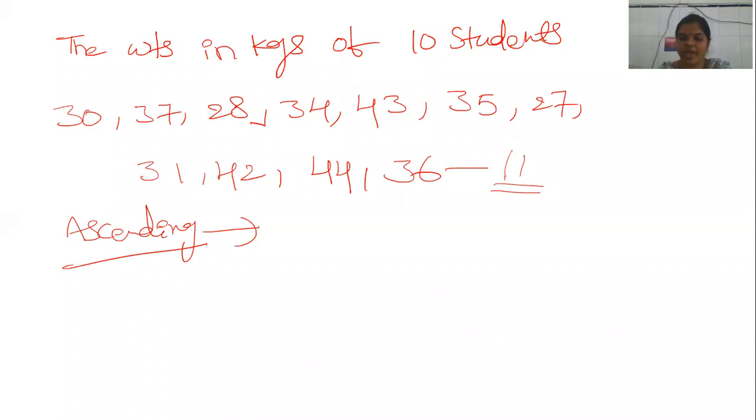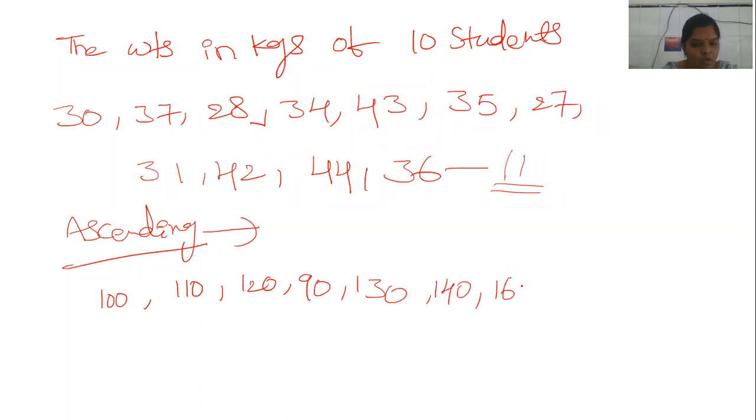Just write down the values: 100, 110, 120, 90, 130, 140, 160, 150. So I think we have 8 items in our data.